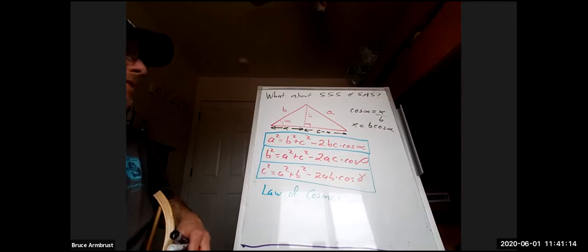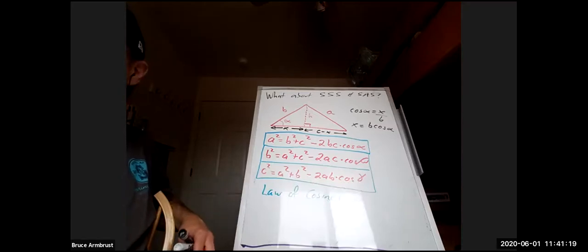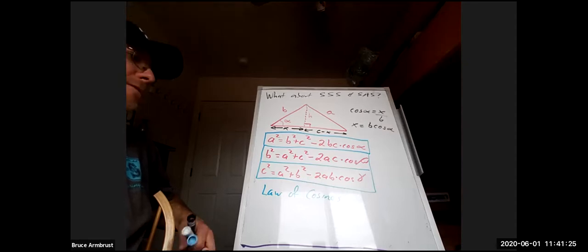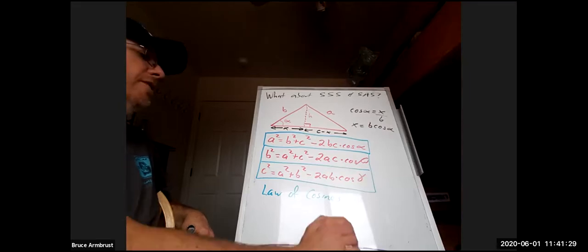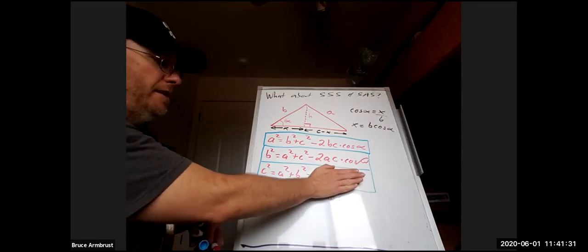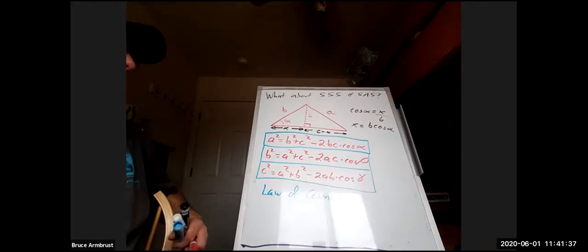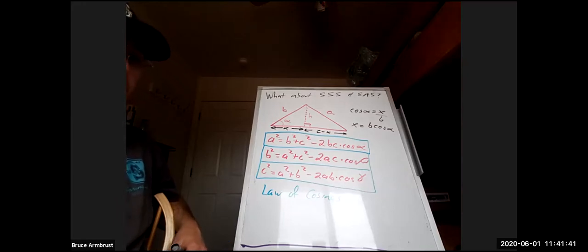Think about what happens when your angle is 90 degrees. 90 degrees, pi over 2, same. So what's the cosine of 90 degrees? Well, it's 0. So in a right triangle, this piece goes away, and what you're left with is the Pythagorean theorem.